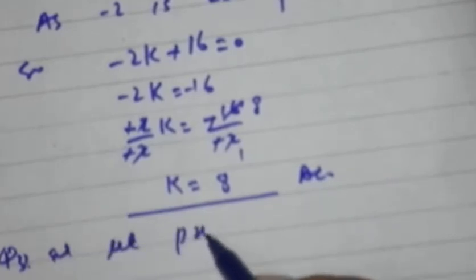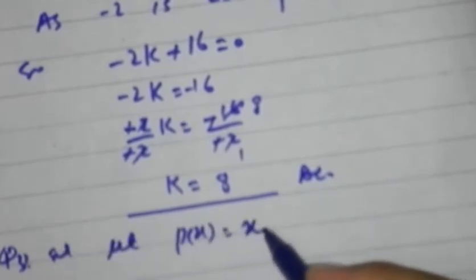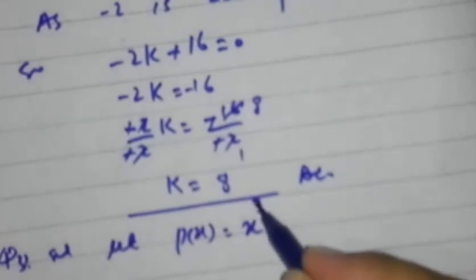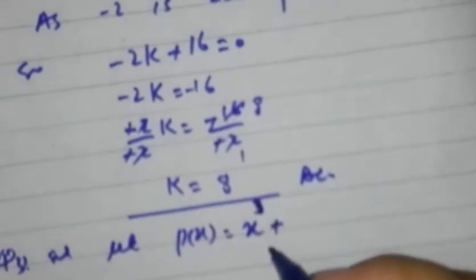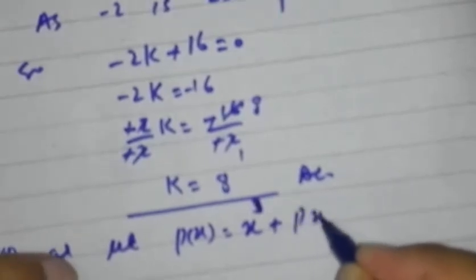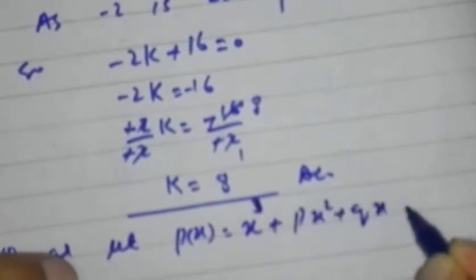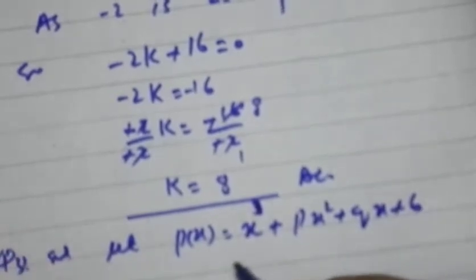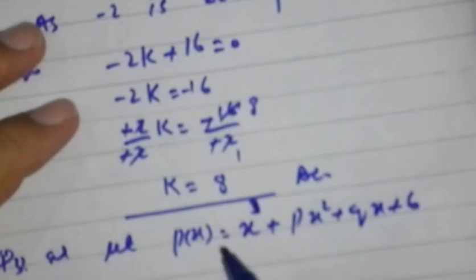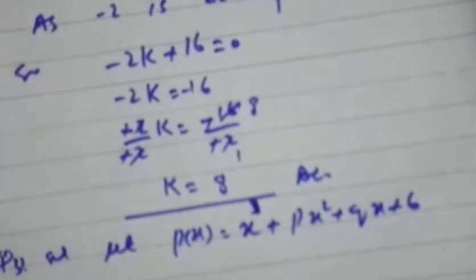Let p of x equals x cubed plus px square plus qx plus 6, and it is also given that x plus 1 and x minus 2 are factors.